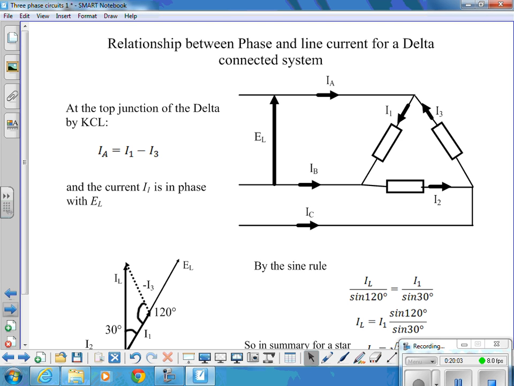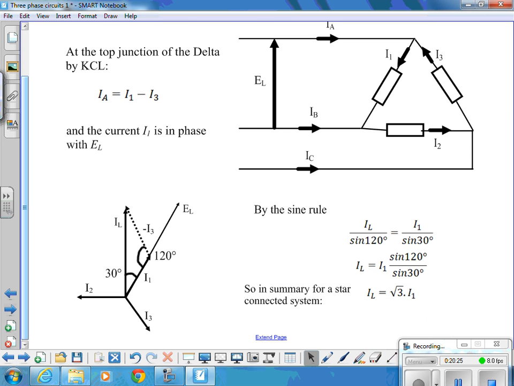And we know that the current I1 is going to be in phase with the line voltage. Must be. This voltage is putting current through there, and therefore they must be in phase with each other. We can draw the phasor diagram again of that situation.